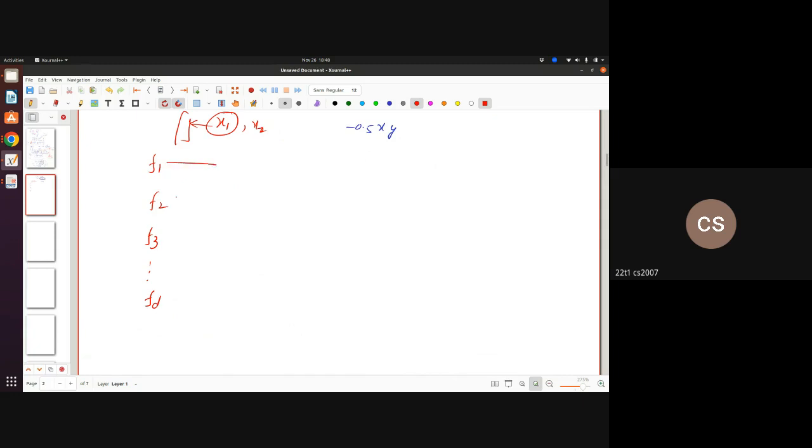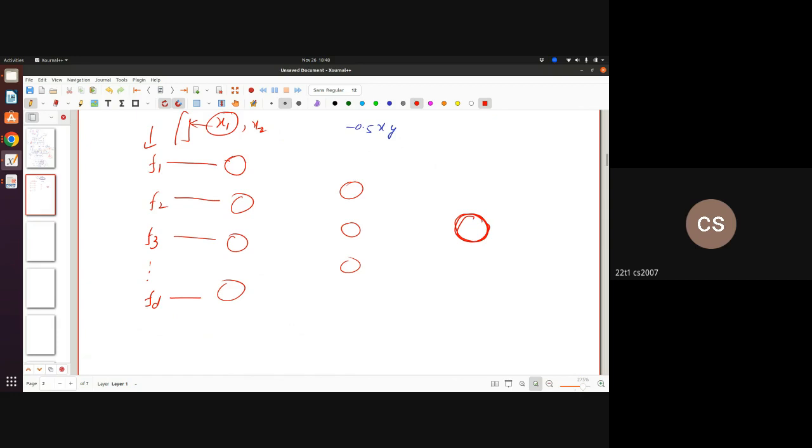If there are 10 features, there'll be 10 neurons in the input. This is the input layer. And then there'll be some hidden layers, with some neurons in those hidden layers, and there'll be an output layer. In case of regression, there'll be one neuron here. Let's say there are 2 hidden layers.